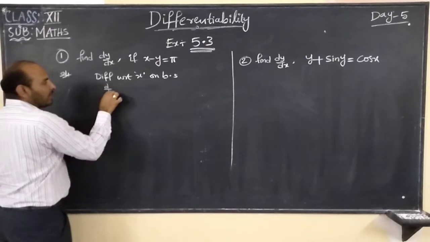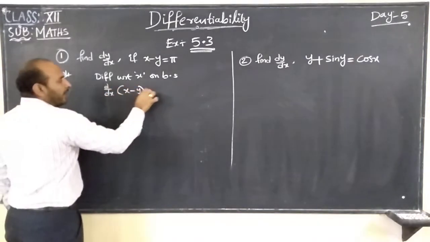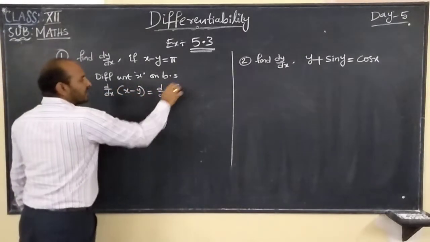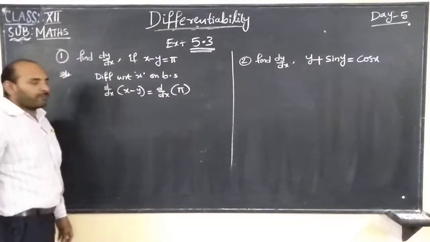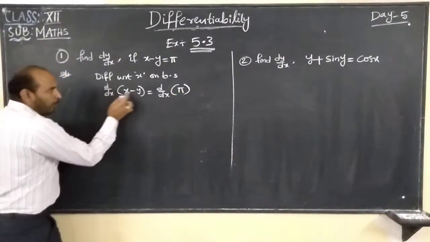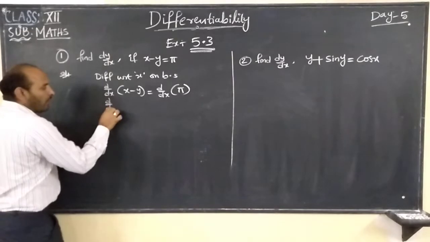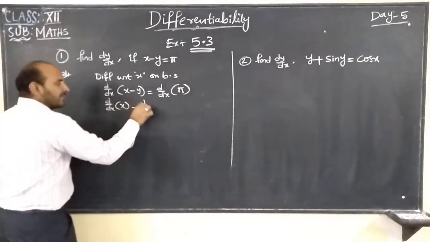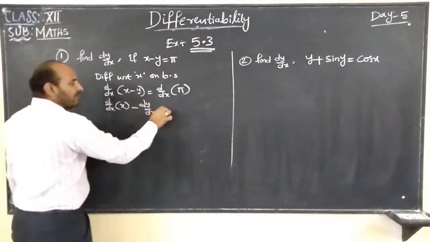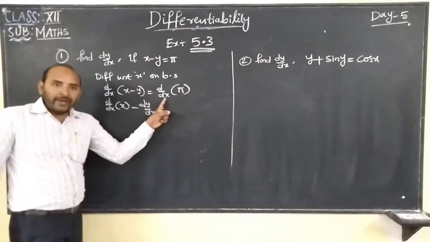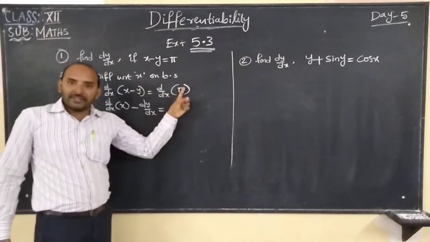d by dx of x minus y is equal to d by dx of pi. So apply the derivative to both terms. d by dx of x minus dy by dx is equal to, with respect to x, pi is always a constant.